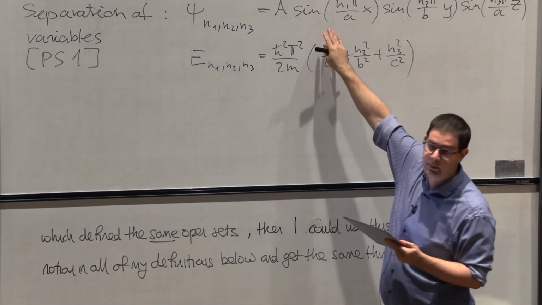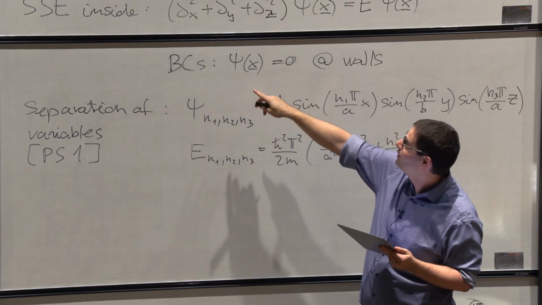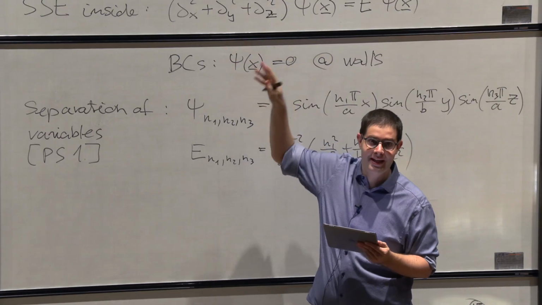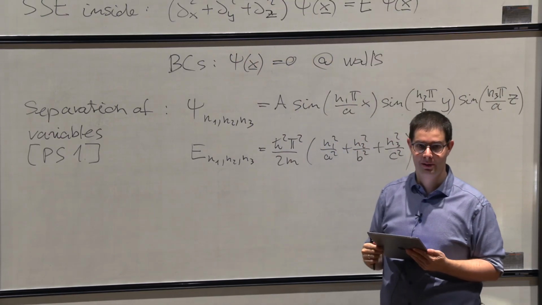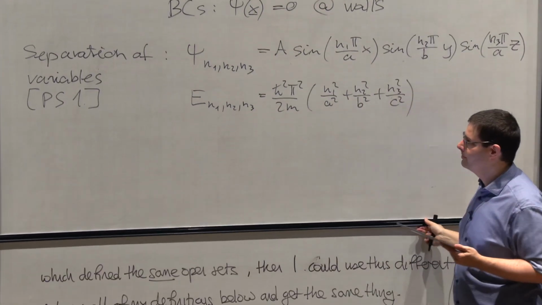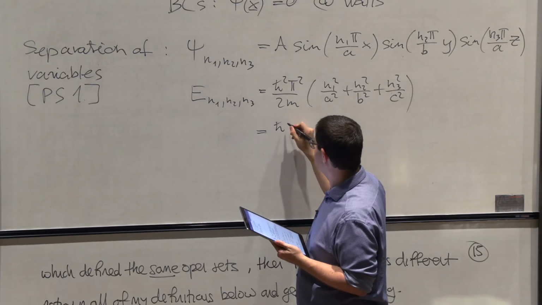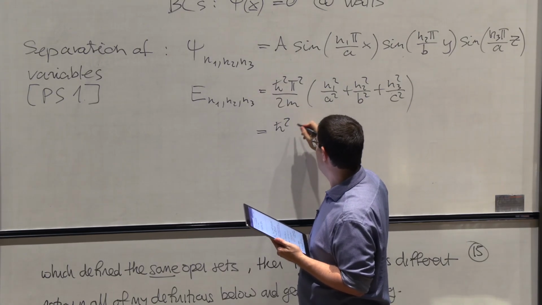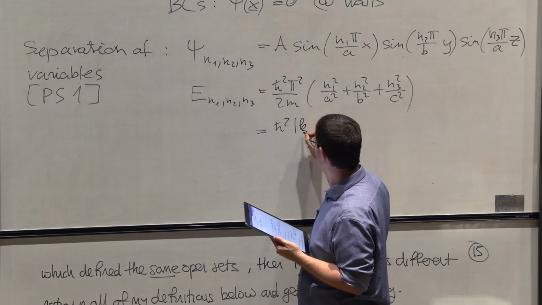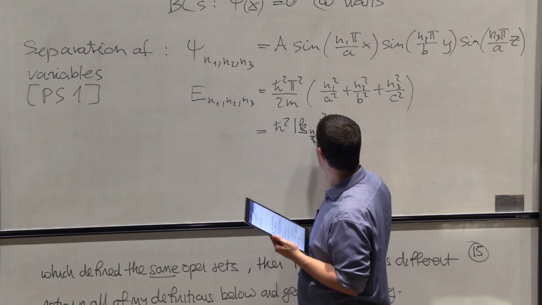So I think this is quite plausible. If you do separation of variables, you will get 3 one-dimensional problems. You solve them, and this is what you get. Maybe this one needs a little explanation. n is a vector now.